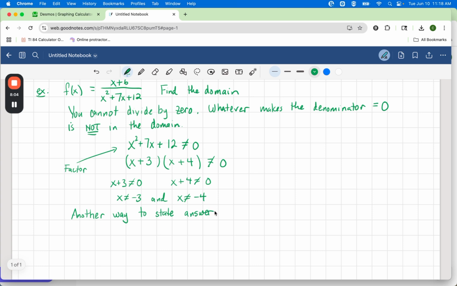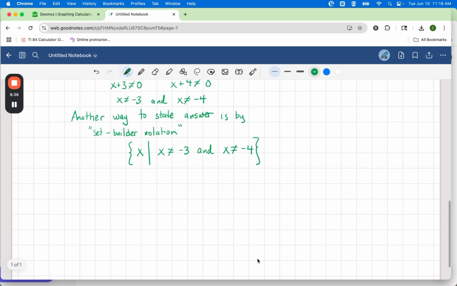So another way to state the answer is by what we call set builder notation. Set builder notation says this. You have these fancy braces. You put an x in, and then you put a vertical bar, and then you write x does not equal negative 3, and x does not equal negative 4.